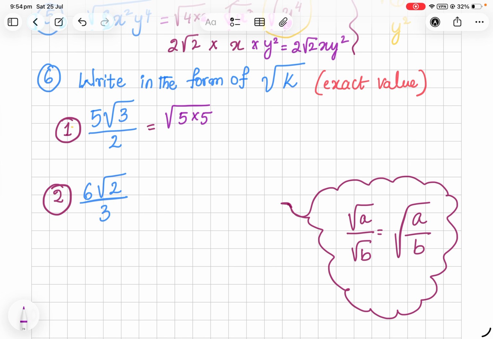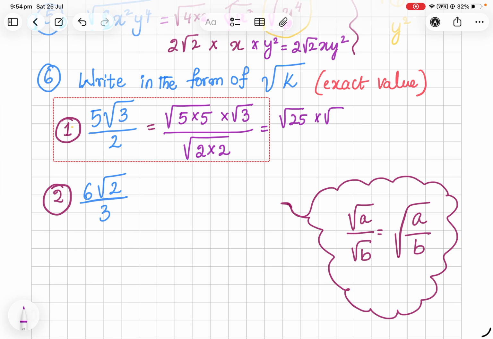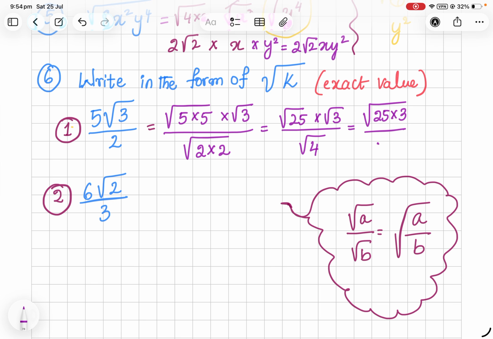How can I put it back under the square root? Then you have the square root of 3, and in the division here you have the square root of 2 times 2. That's how you would have got only 2. So this is nothing but the square root of 25 times the square root of 3 divided by the square root of 4. Now this ends up being the square root of 25 times 3 according to the law, and this is 4.